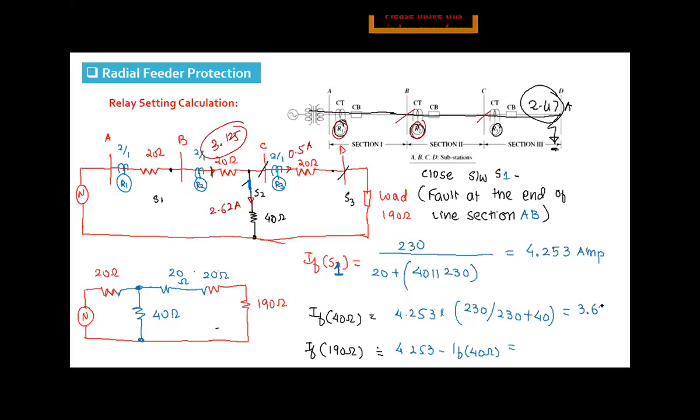Okay, correct. And 0.63. Correct. So if I write here, the total current is 4.253, the current through the fault path is 3.62, and this current is 0.63. Okay, like this.